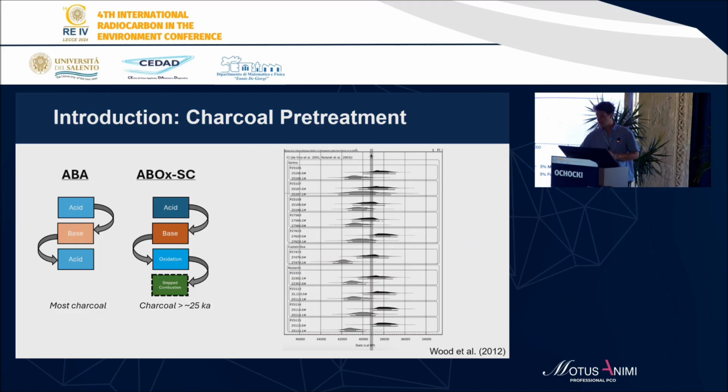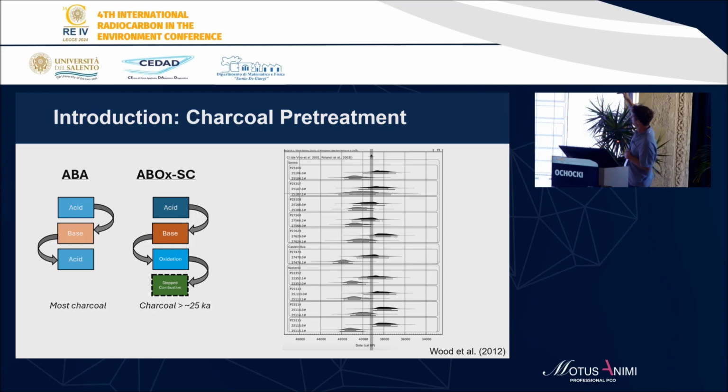So comparing the two methods, over the last 15 years there have been a number of studies comparing these two methods and showing that ABOX can be, in certain contexts, more effective. So this is a figure: in black are ABA dates, the grey bar down the middle is a known age tephra, and the grey are ABOX dates.